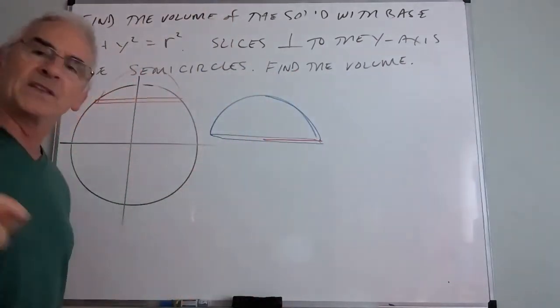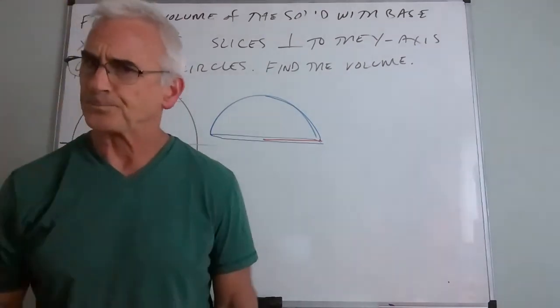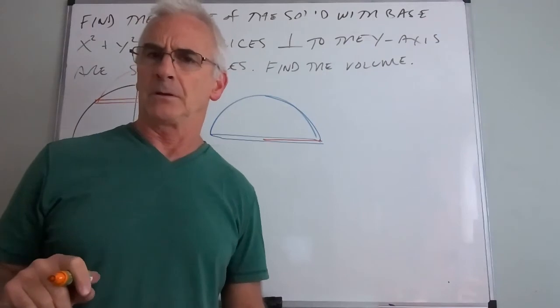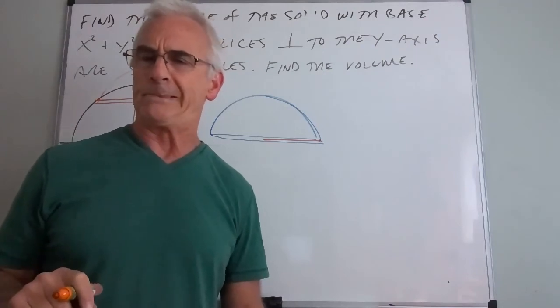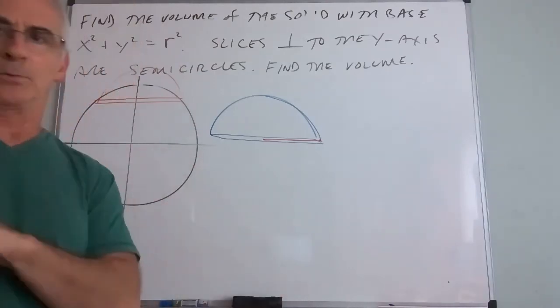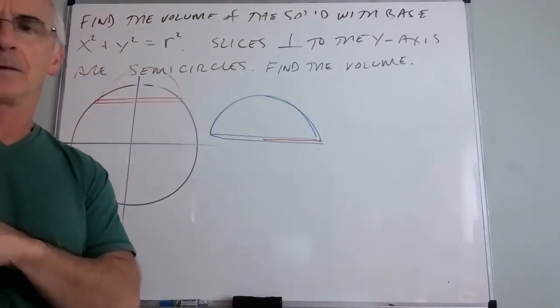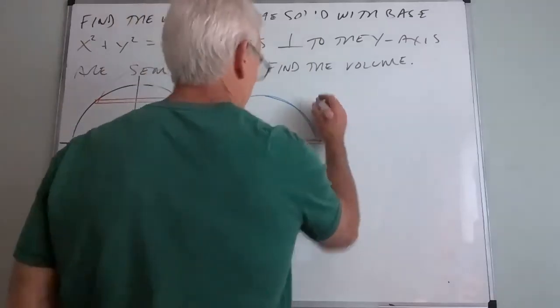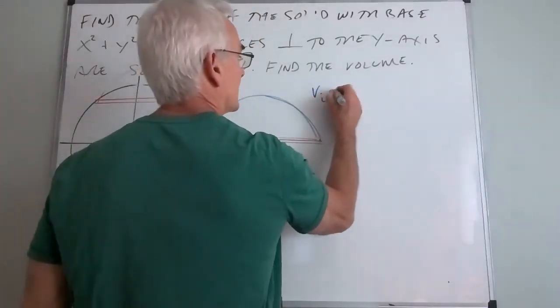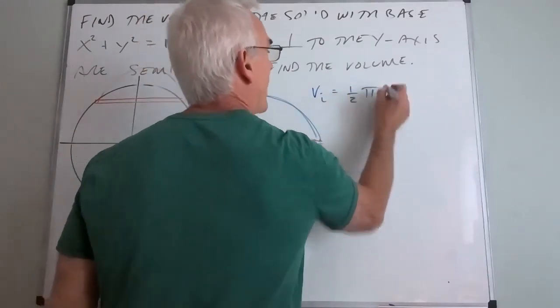Oh, okay, what is the area of a circle? Anybody? Area of a circle? Pi r squared. So what would the area of a semicircle be? Pi r squared divided by 2. Yeah, so my ith volume here is going to be 1/2 pi r squared.